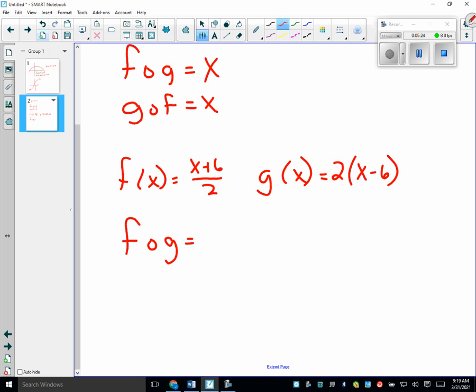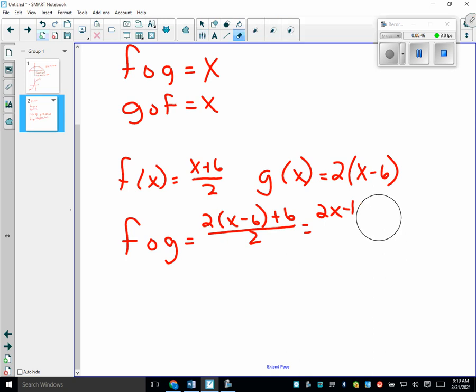Then you plug in. I put g where x is in f, right? So I have 2 times x minus 6 plus 6 over 2, right? Which is what? 2x minus 12 plus 6 over 2?